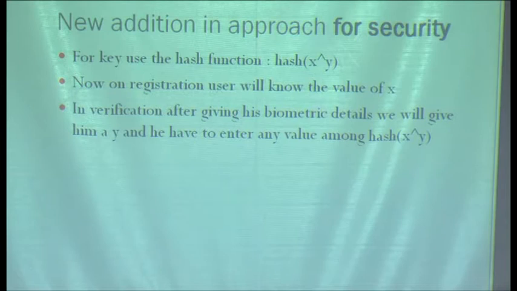One more addition is that when the user registers, we will provide him a key, a value X, and when he comes again for verification in the login, we have implemented a function of X to Y. So after he gives the biometric data, we will provide him a Y. Then he has to enter any value from this hash function.